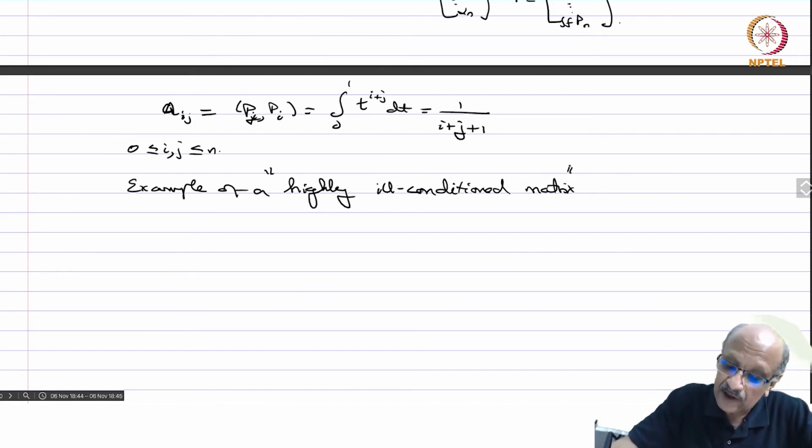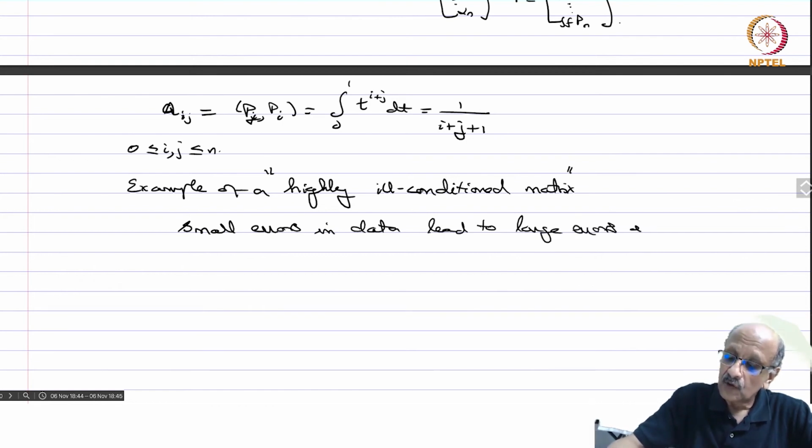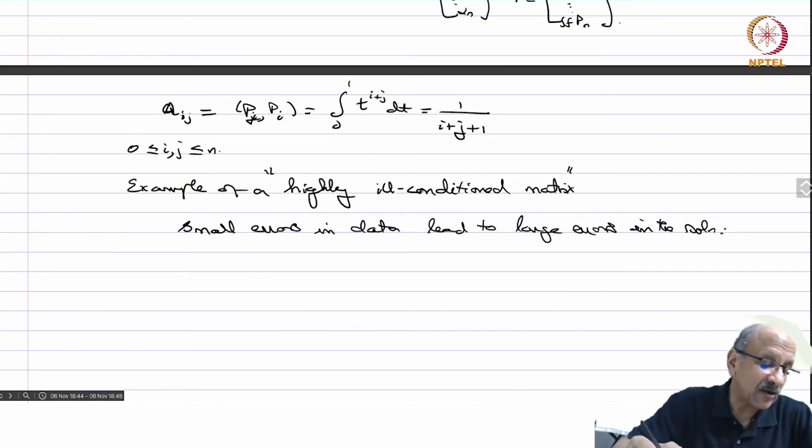This is a terminology in numerical analysis, which means small errors in data lead to large errors in the solution. That means round off errors, which are small and natural to occur, will blow up, so the solution you get by inverting this matrix will be nowhere near the real solution, because the computer will make a lot of errors, and a matrix of this nature will completely destroy it.